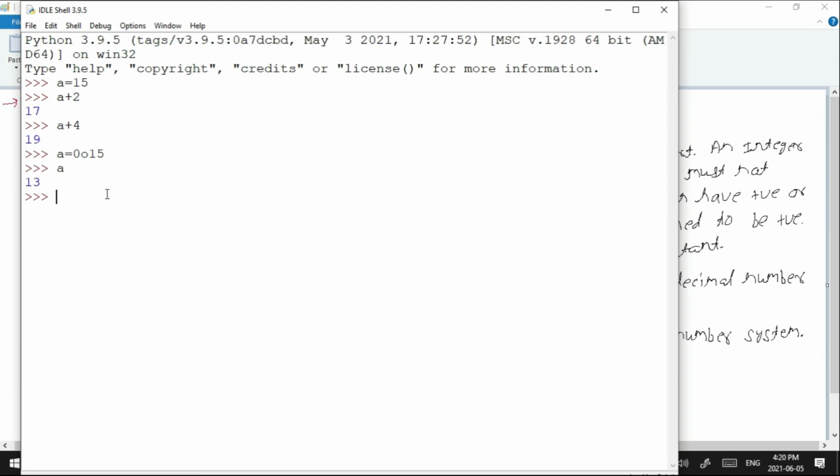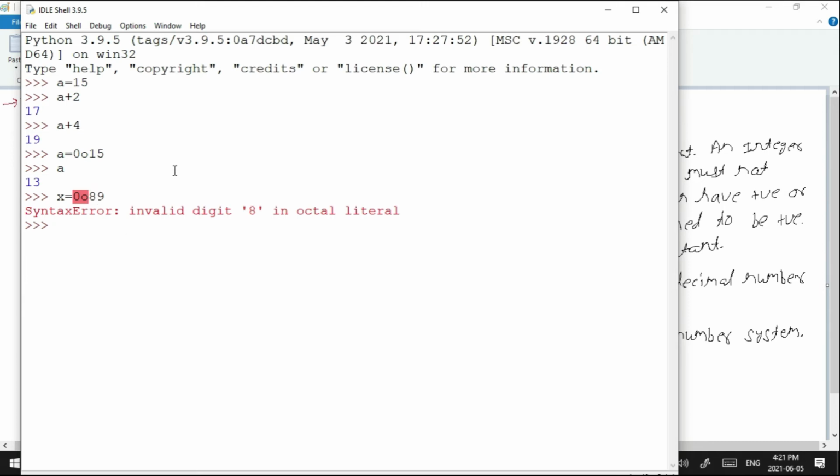If I write something like this, x is equal to 0o89, tell me if this number is valid or not. This number is invalid because you are writing this number in octal and 8 is not allowed in octal.